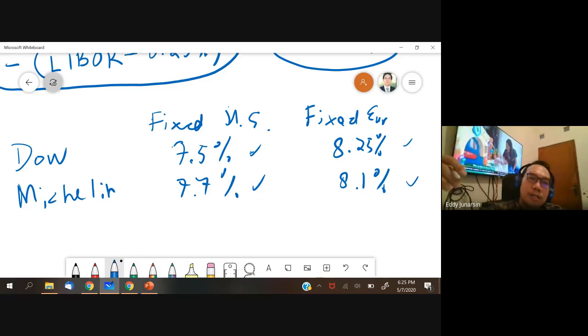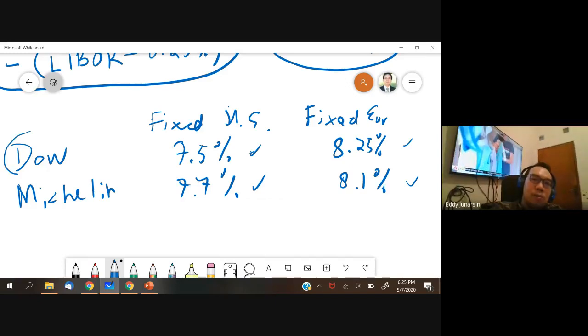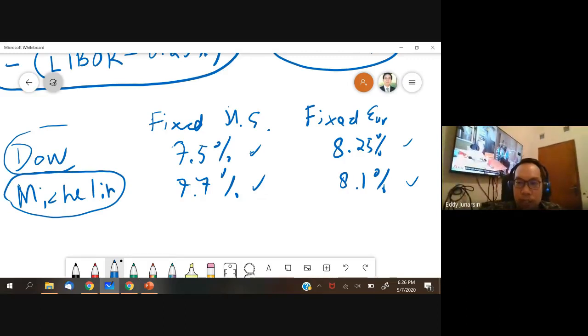So based on again mutual benefits, right, mutual interest, and to minimize the political risk or operational risk, right, by going to another part of the world, it's better that Dow borrows money in the United States, whereas Michelin borrows money in France or in Europe, right?